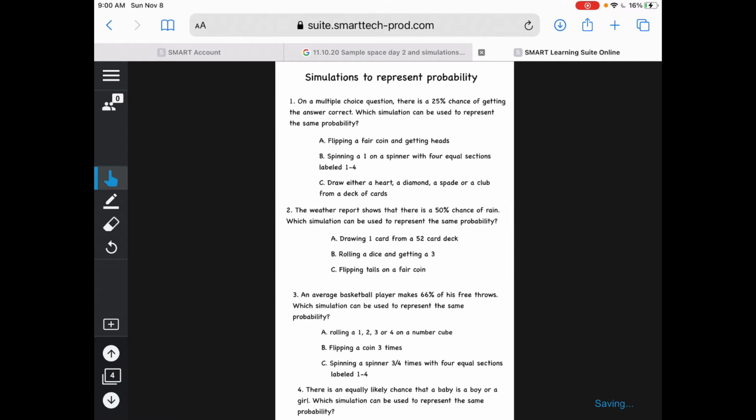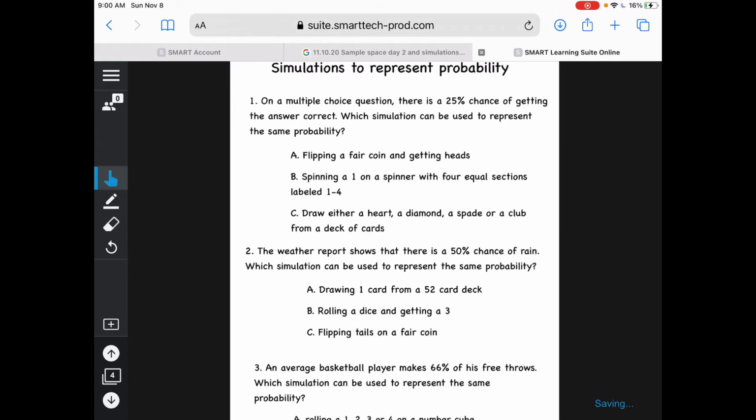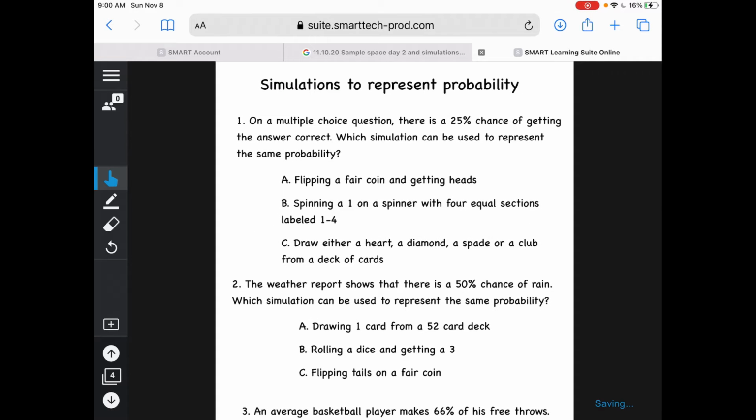So let's look here. We have a simulation to represent probability. On a multiple choice question, there's a 25% chance of getting the answer correct. Which simulation can represent the same probability? So we need the event that will give us a 25% probability or likelihood.